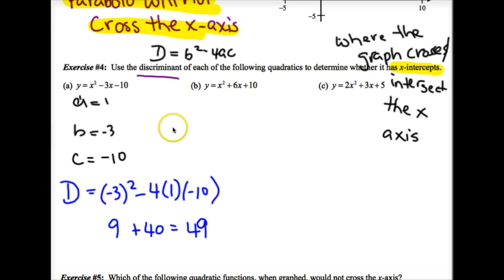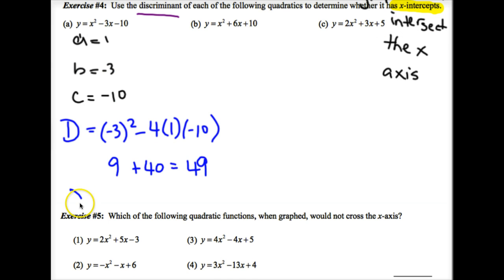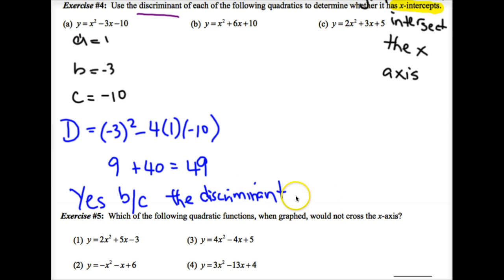So it says to use the discriminant to determine whether it will cross the x-axis. So yes, it will cross because the discriminant is positive.